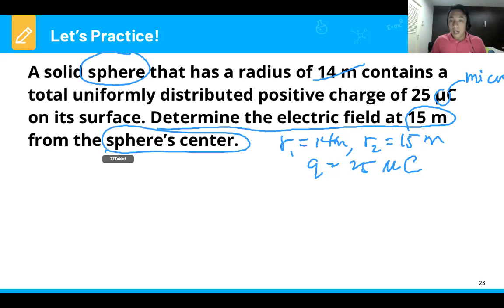So si 15 ang gagamitin nating radius, hindi si 14 meters. Okay, now remember the formula. I will stop sharing for this one and move to our whiteboard para medyo mas malawak yung ating pagsusulatan.